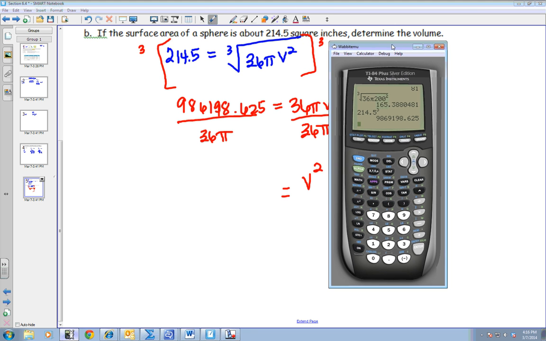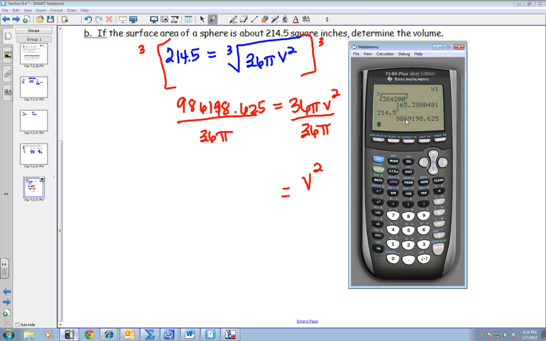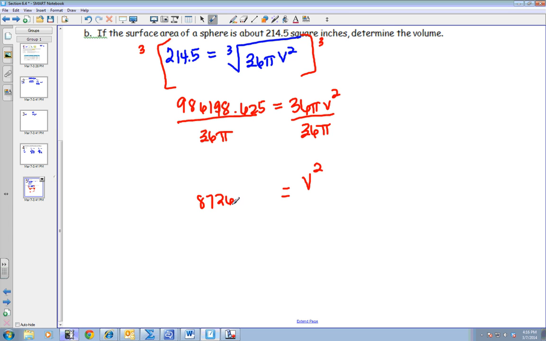I already have that top number in my calculator, so I'm just going to put divided by, and I'm going to put 36 pi in parentheses. And I get 87262.87475. Now that's what v squared equals.